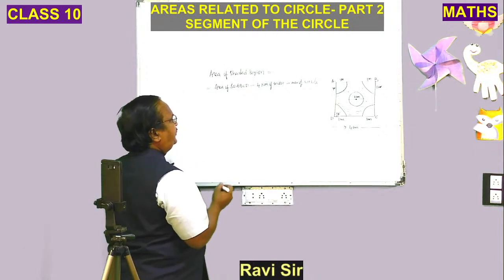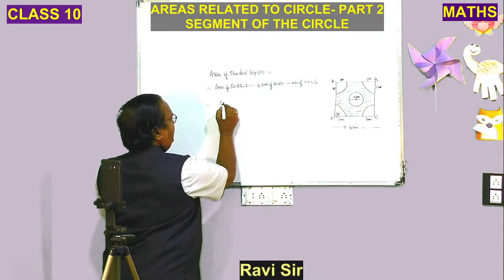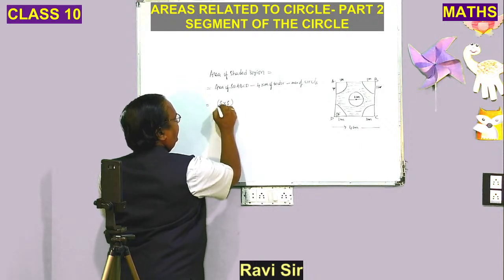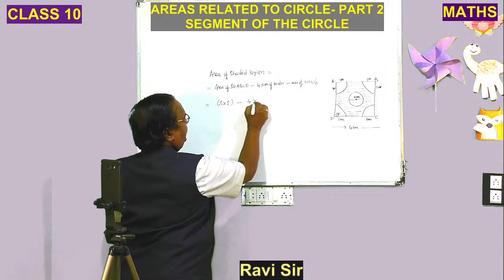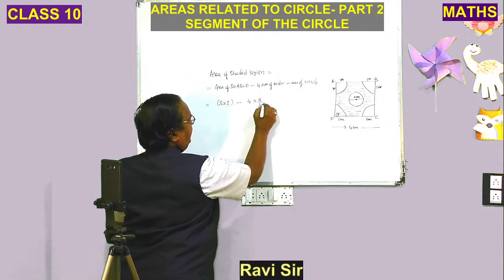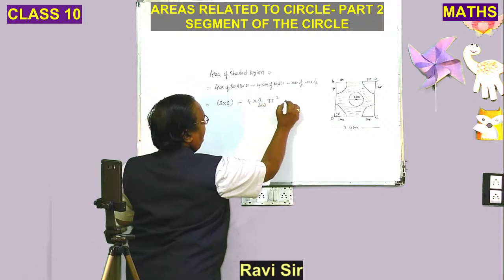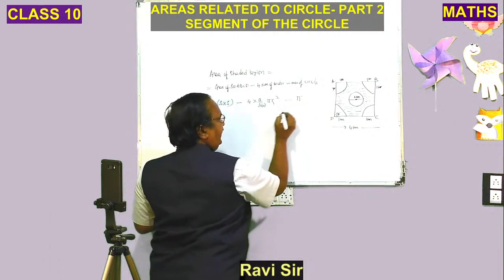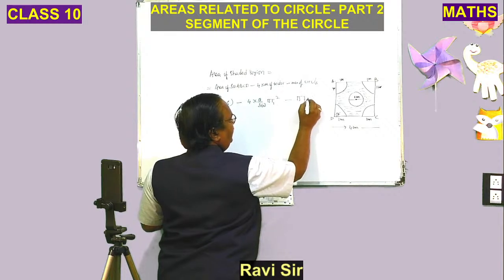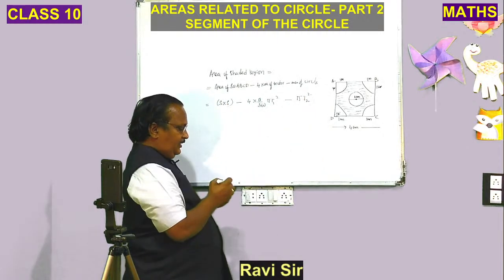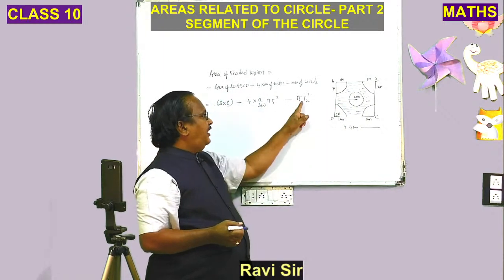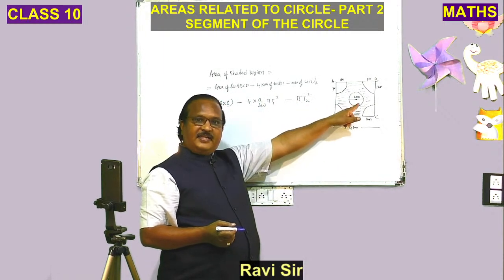Okay. So, area of square is side into side, then 4 into theta by 360 into pi r square, minus pi r square. So, there are two radiuses. So, I will write here pi r2 square, because r1 is the radius of the sectors, r2 is the radius of the circle inside.